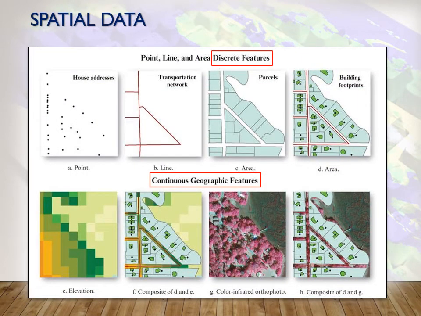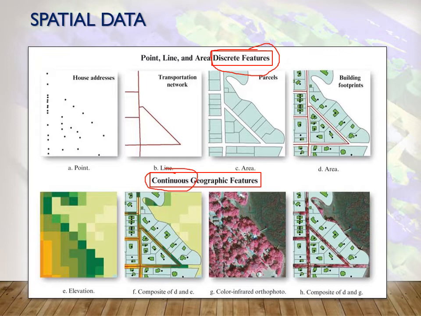So, taking a step back again and not talking about the data models in GIS, but just spatial data in general: spatial data can be classified as either discrete features, which in this case are house addresses, transportation, and parcels, or continuous data, where there's always a value anywhere across the earth, like elevation, except maybe over the oceans.